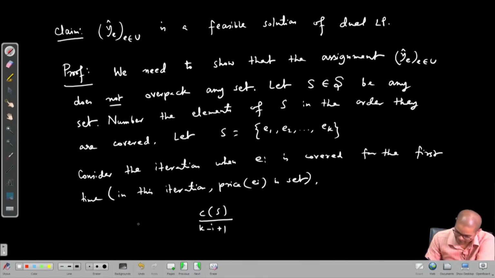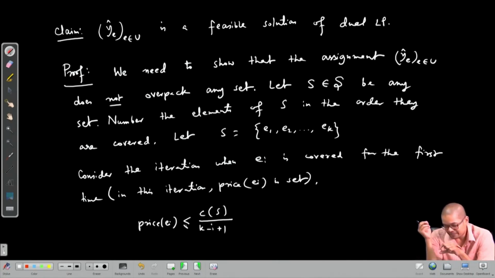So, the price of Ei must be less than or equal to this, because this set S can cover Ei at this price. If some other set is picked, then that can be picked only if it covers Ei at a lesser price. So, the price of Ei is less than or equal to this.